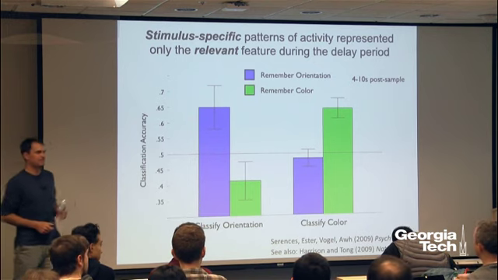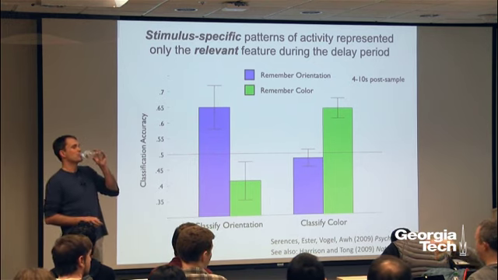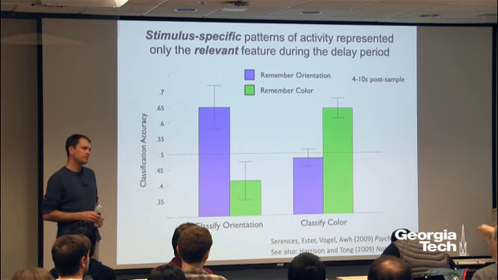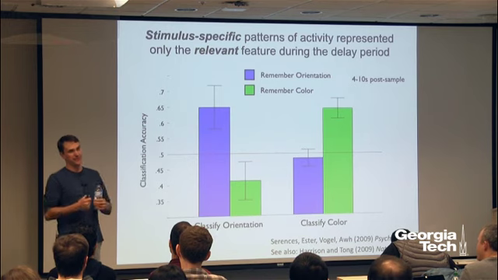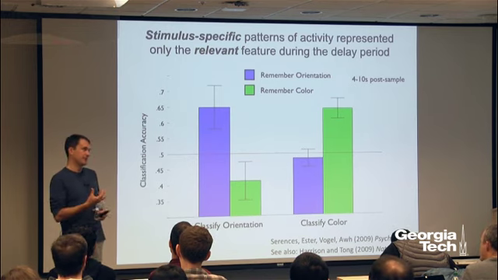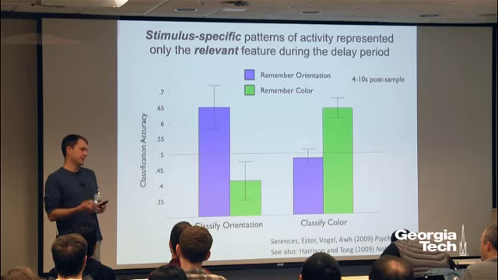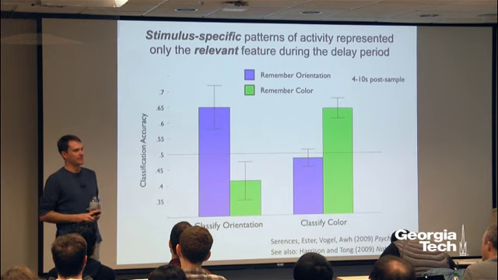Yep, go for it. So I get the orientation classification from the fMRI data, but how did the color classification work? Same general logic. We can train classifiers to recognize patterns of activation associated with different colors. And V1, even in the classic textbooks, has a lot of color selectivity, but it's probably even more prominent than we've realized in the past.